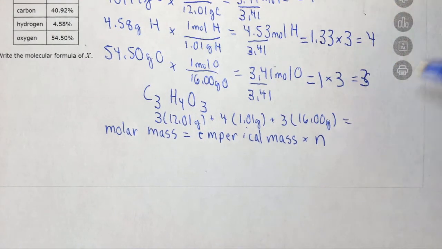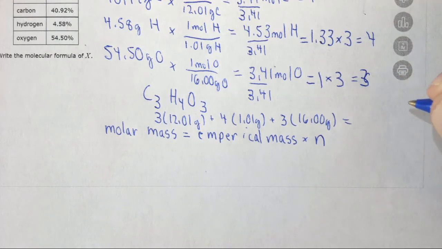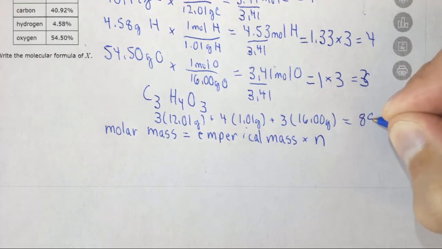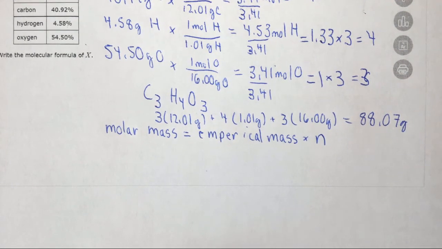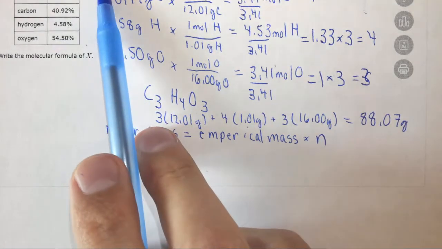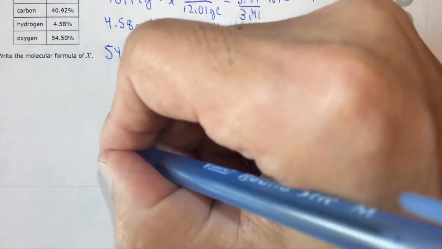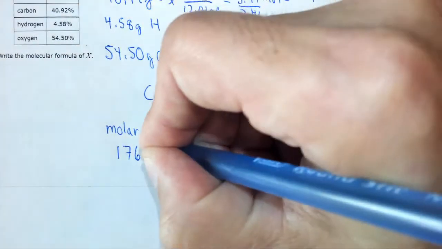And when I do all that, I find that the molar mass of this empirical formula, which I should have said is the empirical formula mass, is 88.07 grams per mole. And I'm just going to leave it as grams here. So the molar mass is 176.12.